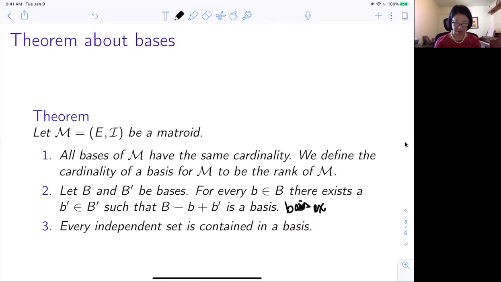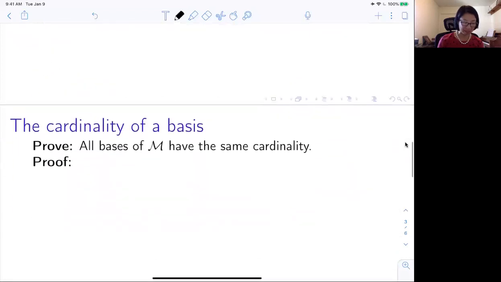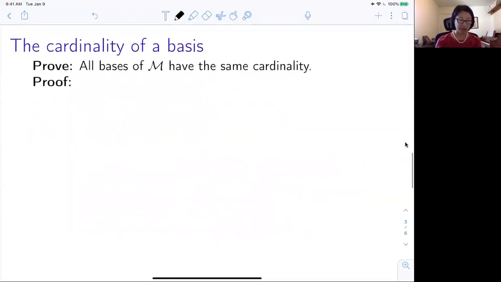And then finally, every independent set is contained in some basis. And that number 3 property is going to be really important when we think about greedy algorithms in a lecture or two from now. Okay, so let's show that all bases have the same cardinality.